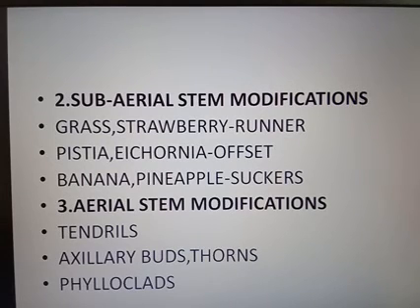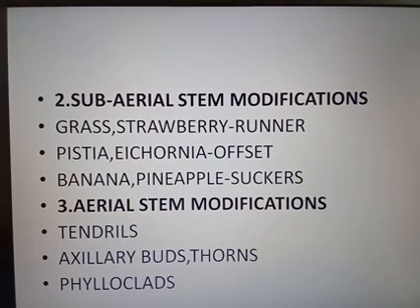So the tendril is a modification of the axillary bud. In the case of the grapevine, it is a modification of the apical bud. Thorns in bougainvillea and the lemon family are modifications of the axillary bud.